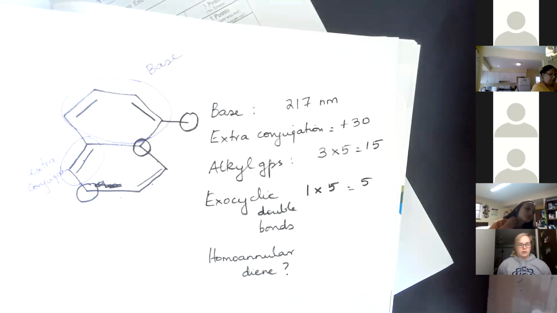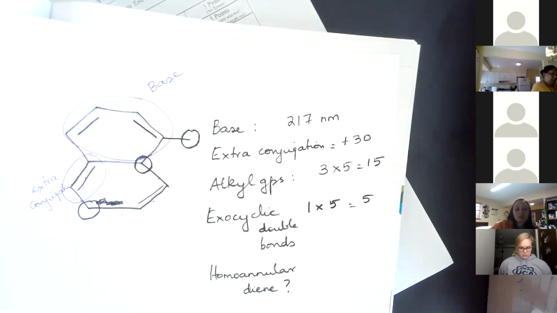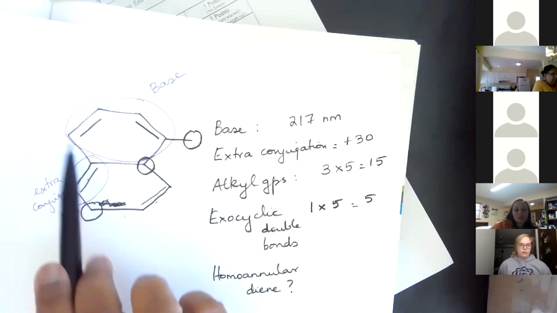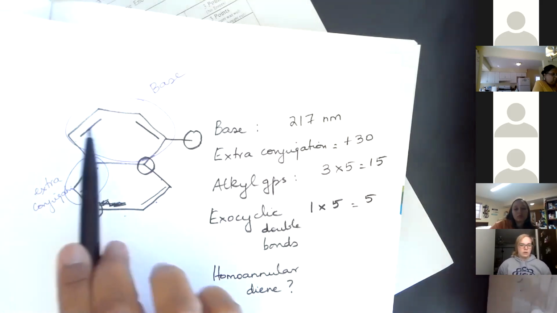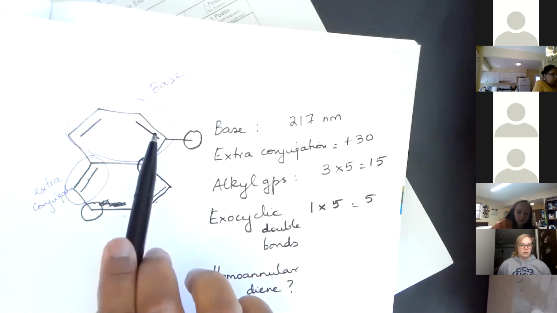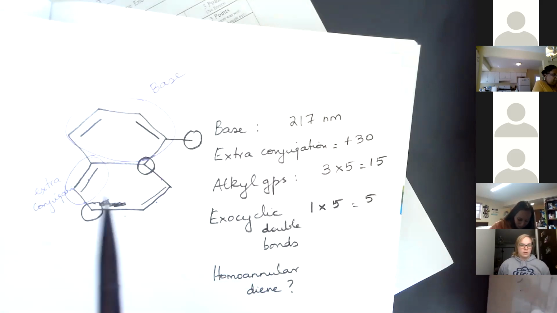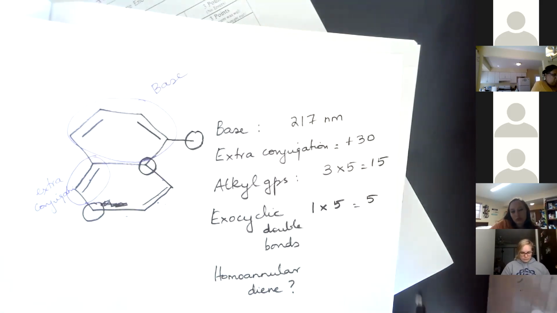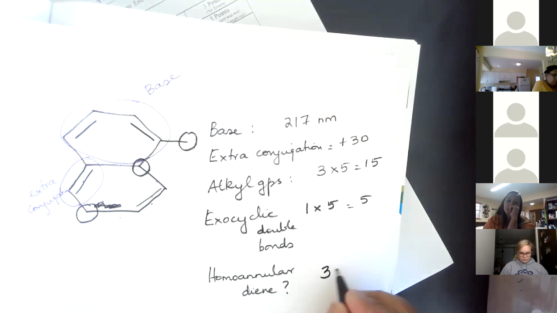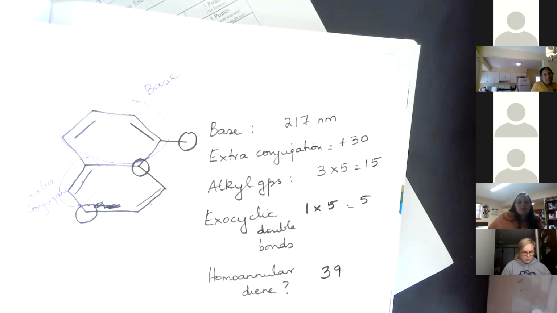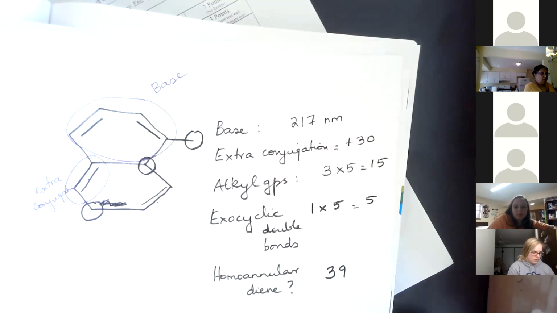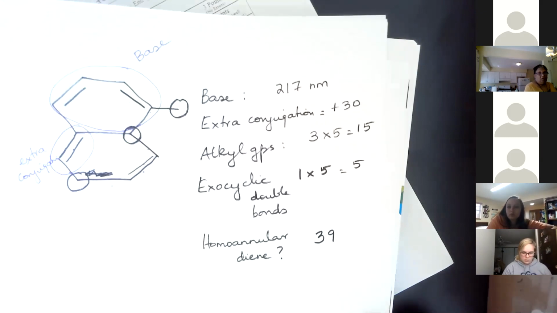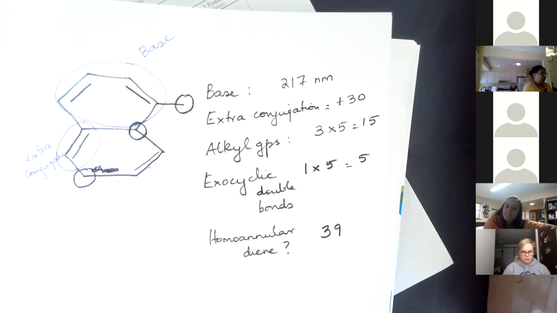Is it homoannular? This is the one that is homoannular. You see, you have those two alternate single and double bonds. This is not alternate single and double bonds. So this is your homoannular diene. So it's 39. I know I made it a little complicated. I'm sorry. But the problems that I'll give you to do as homework will be more direct.